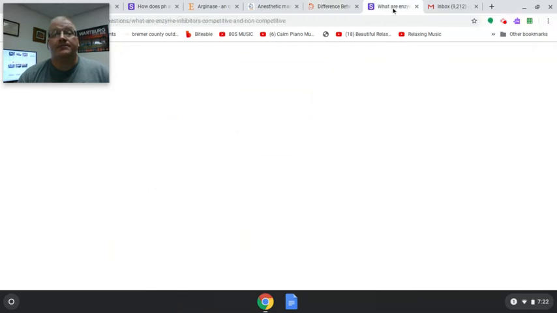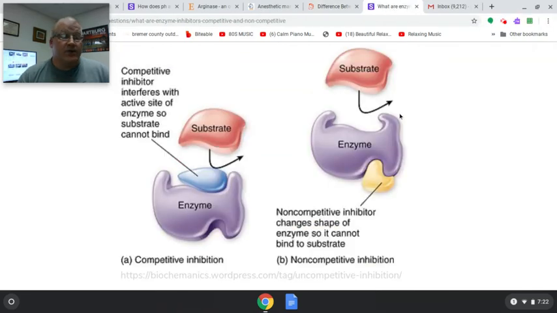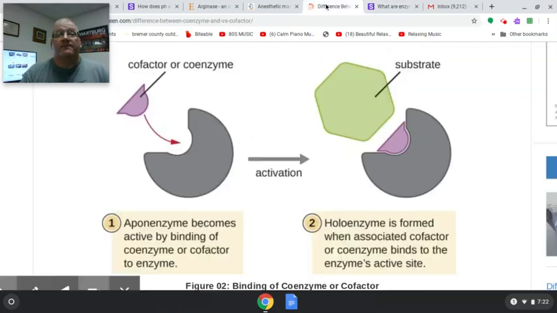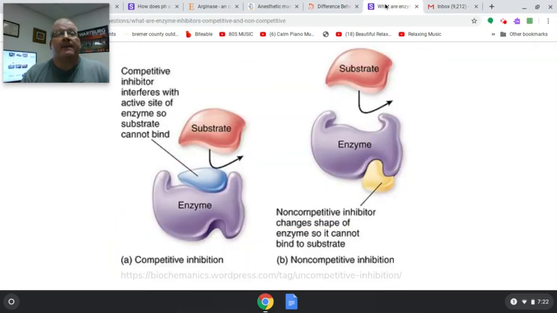Next, we have inhibitors. Inhibitors can either be competitive or non-competitive. So whereas the cofactor or coenzyme helps to maintain the active site shape and encourages the enzyme to work, now the inhibitor interacts with the enzyme in such a way as to discourage its function. Okay?